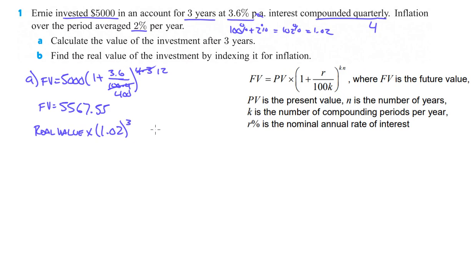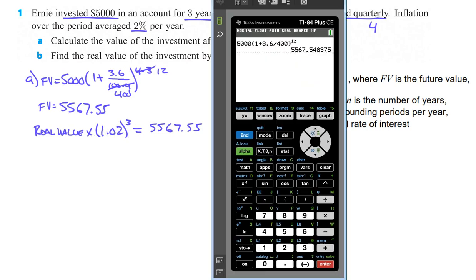That's what I was looking for. To the third power. We want to know when that's going to equal 5,567.55. So what we need to figure out first here, obviously, is what 1.02 to the third power is.